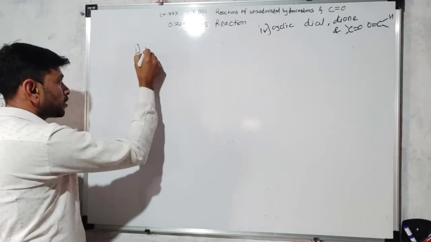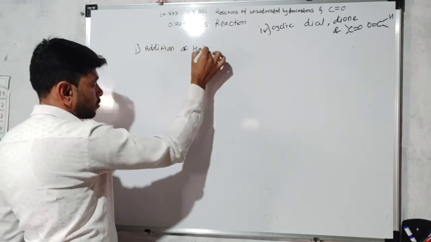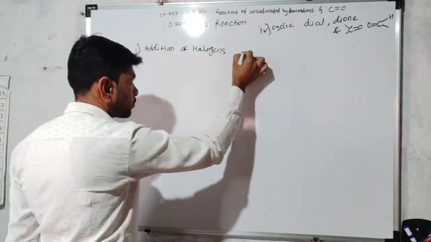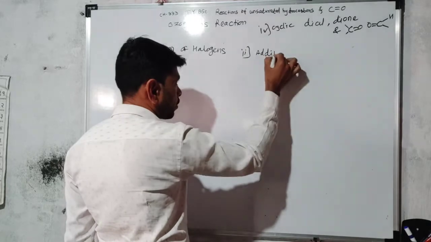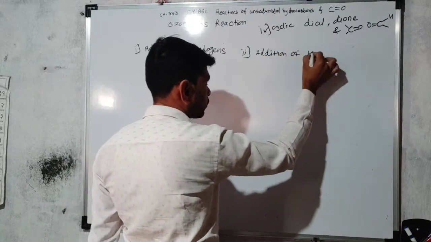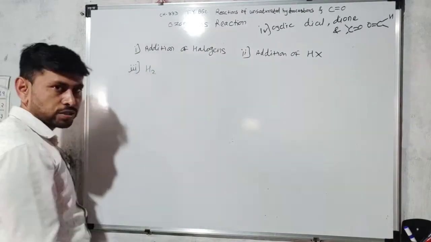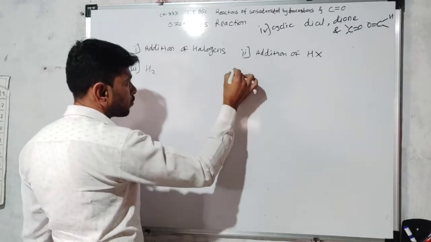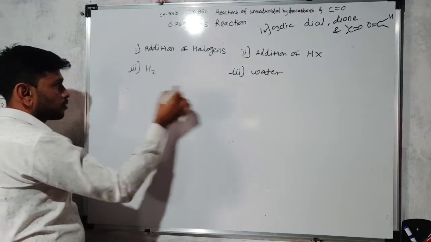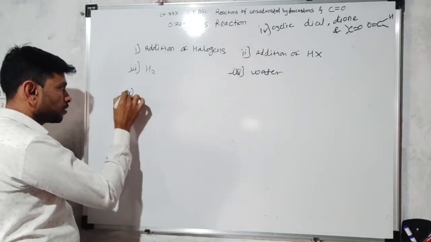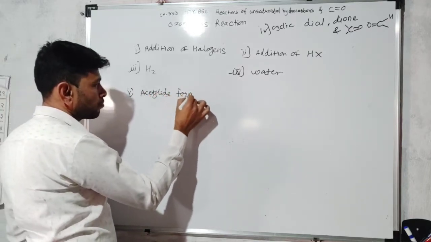We have to study the addition of halogens, the addition of haloacids, the addition of hydrogen, the addition of water, and next the acetylide formation by the metal reagent.